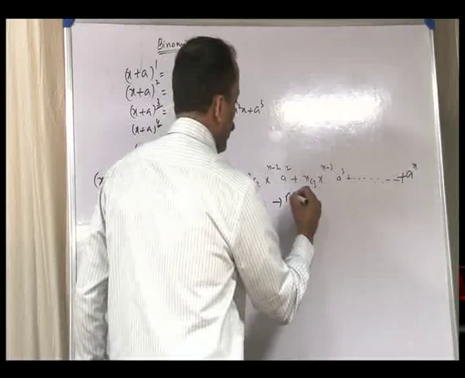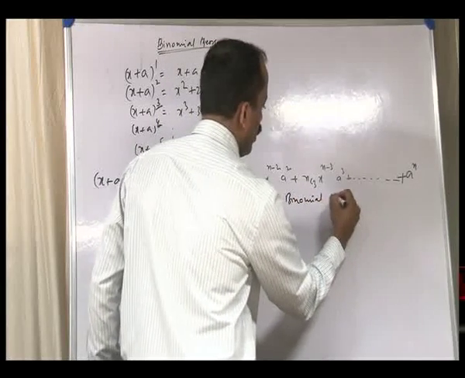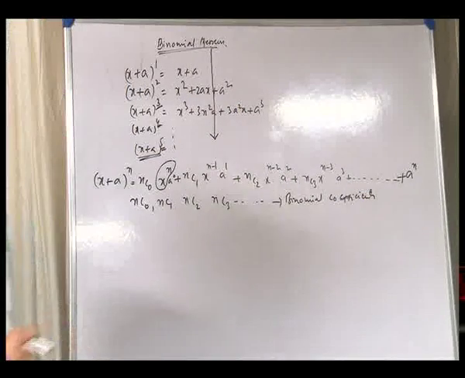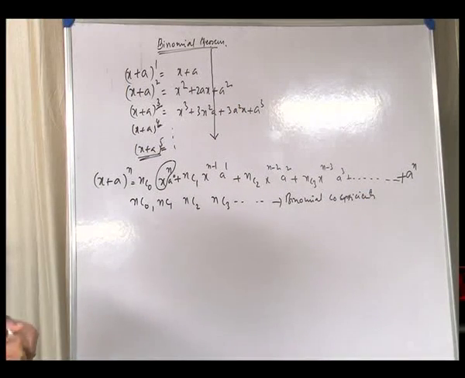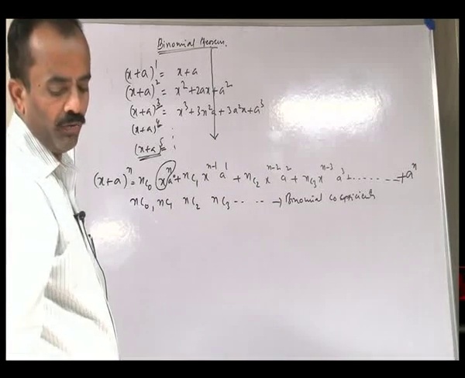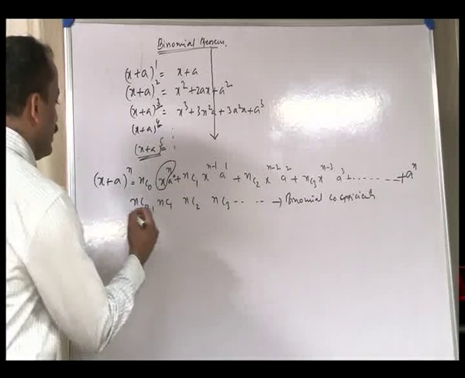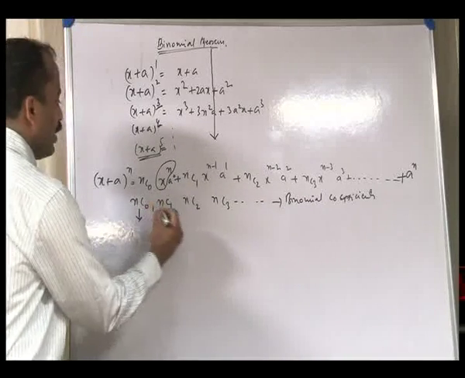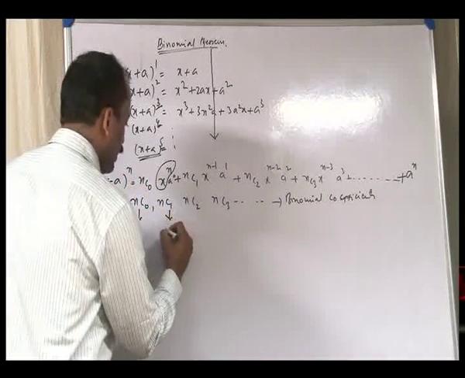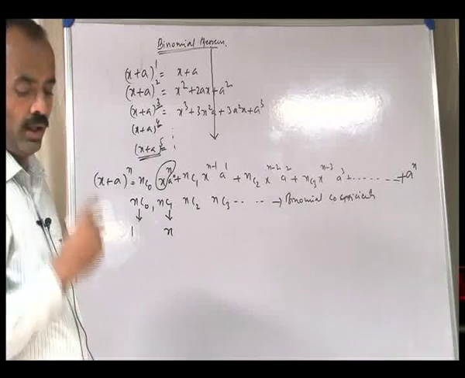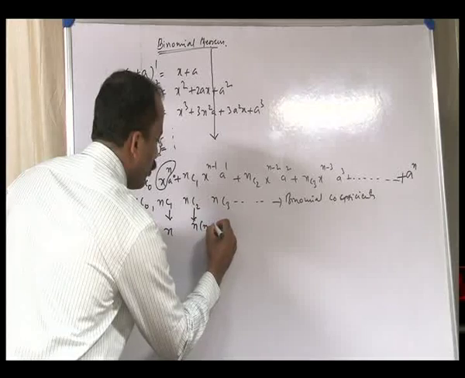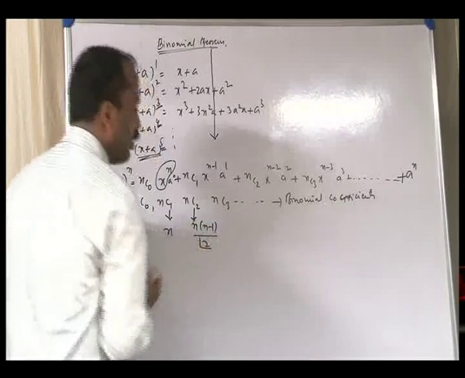The nC0 value is 1, nC1 value is n only, and nC2 value is n into n minus 1 by 2 factorial.